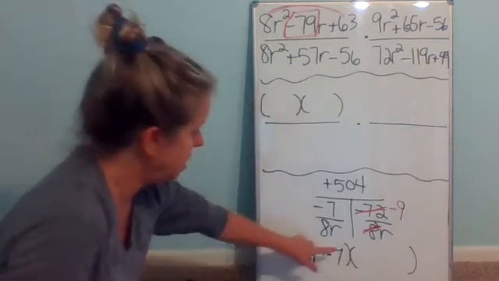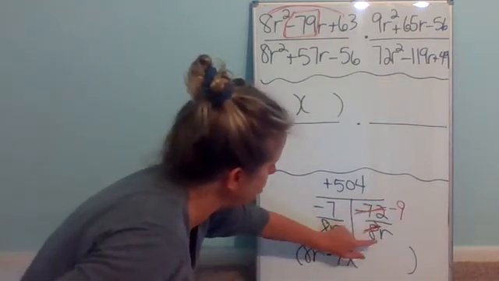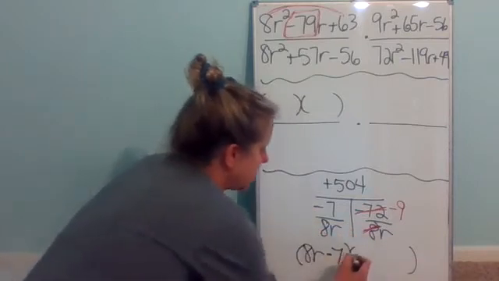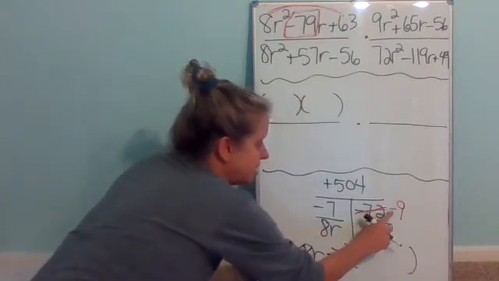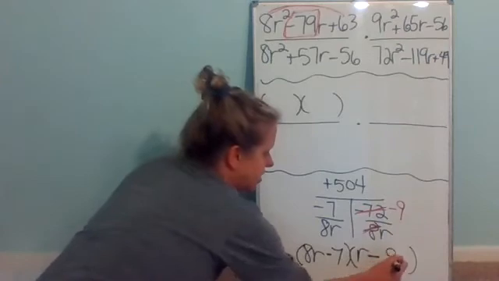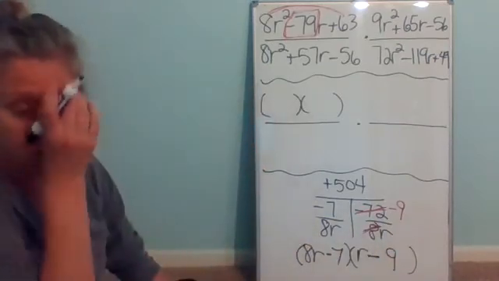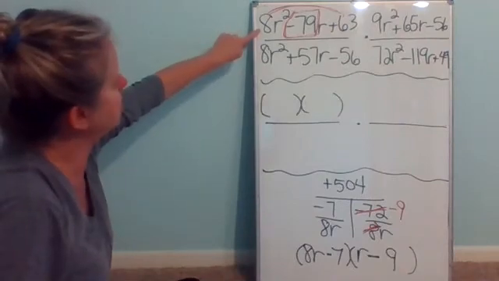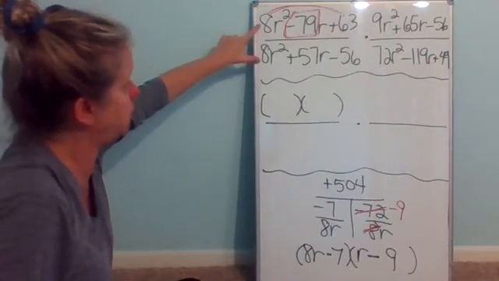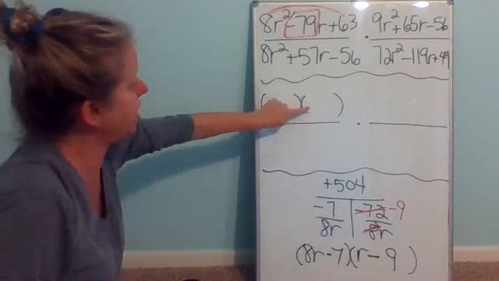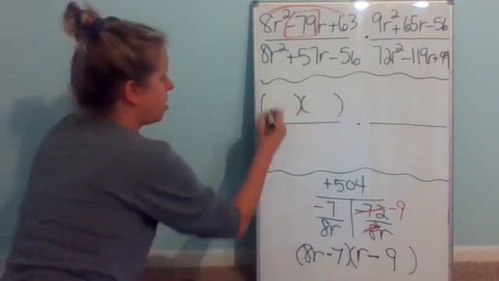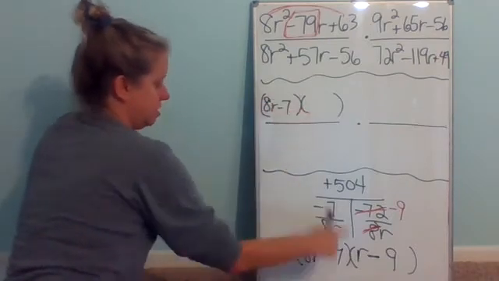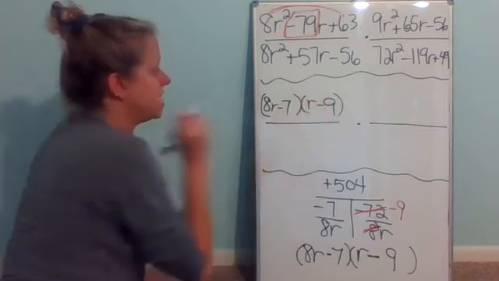Now, since this canceled, what's left in the bottom? Just that R. And what's left in the top? Include the sign. -9. So again, where did I say I was going to put that answer? That is the top of this first fraction in its factored form. So 8R minus 7, R minus 9.